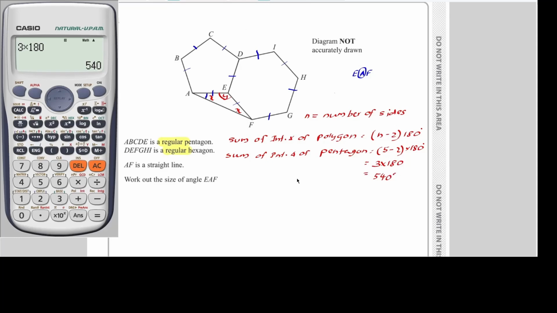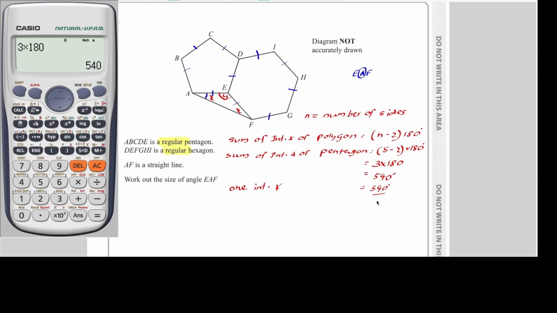Now we need to get one angle, right? We need to get one angle. So one interior angle of this pentagon becomes 540 divided by the number of angles. How many angles are there in a pentagon? There are 5 angles. All are the same because this is a regular polygon.